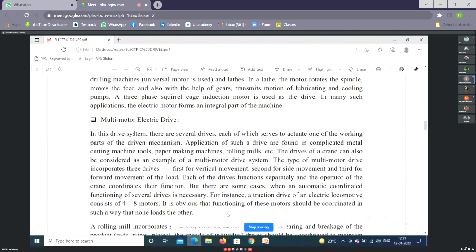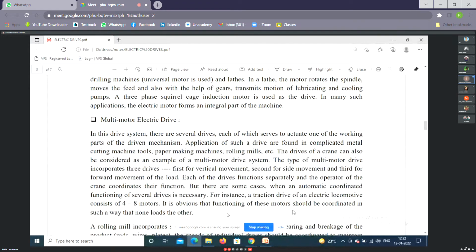So, in this drive system, there are several drives, each of which serves to actuate one of the working parts of the driven mechanism. Applications of such a drive are found in complicated metal cutting machine tools, paper making machines, rolling mills, etc. The drives of a crane can also be considered an example of a multimotor system. Cranes are now widely used in metro rail construction.